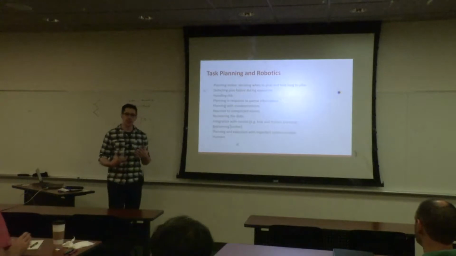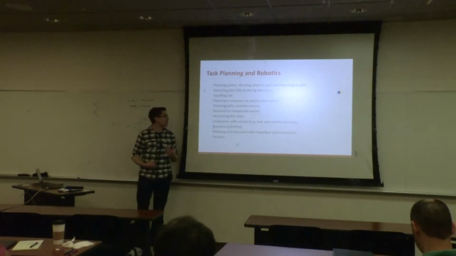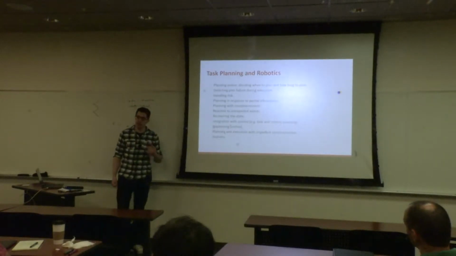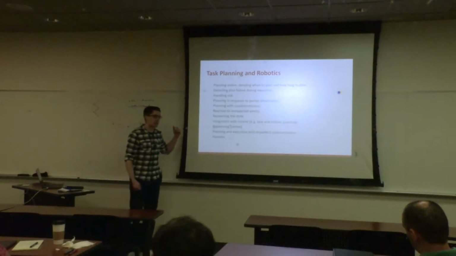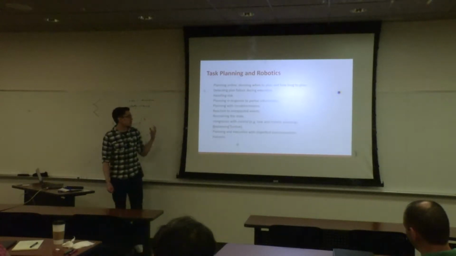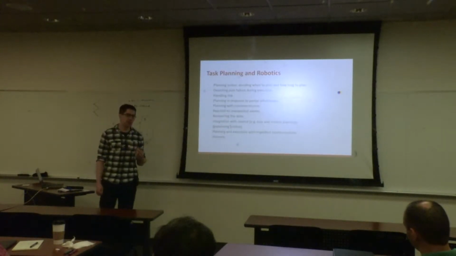And there are many different reasons why these states can start to diverge and why the model can be incorrect. So this is just sort of a short list I made during the PlanRob workshop yesterday about what are some of the challenges that are being addressed in task planning and robotics right now.